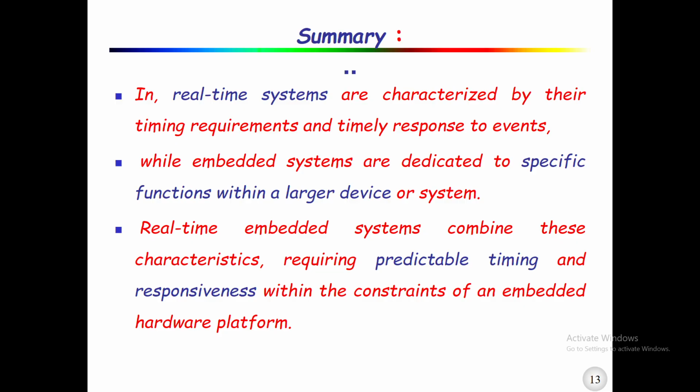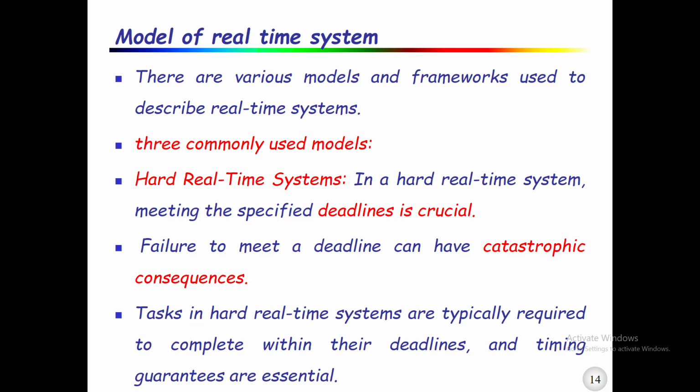What a real-time system is, and what an embedded system is, and some of their behaviors have been discussed already. The other thing is the model of real-time systems. There are various models and frameworks used to describe real-time systems. The most common ones are classified into three.